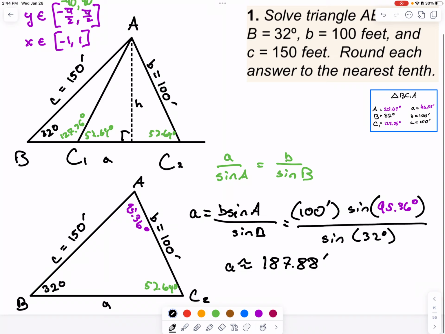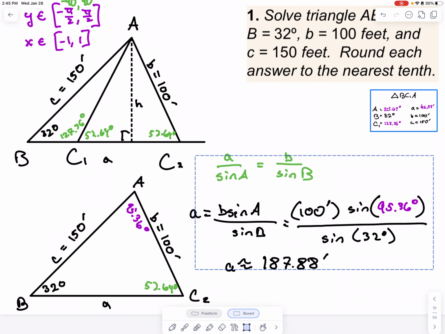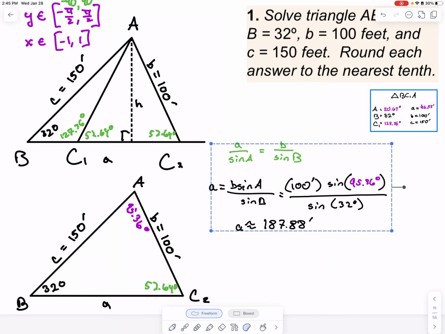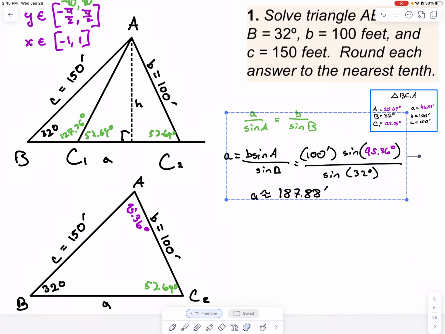Okay, I think that was the only missing component. I'm going to shrink these down just a bit to free up a little bit of space. I'll just put that there for the time being.